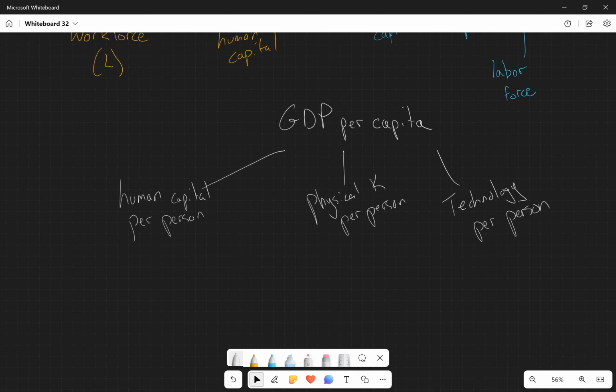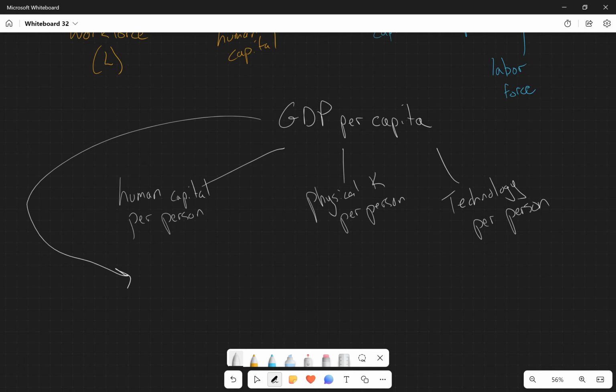And one of the things that we find when we're looking specifically at GDP per capita is that the growth rate of our GDP per capita is closely linked to our growth rate of our productivity.